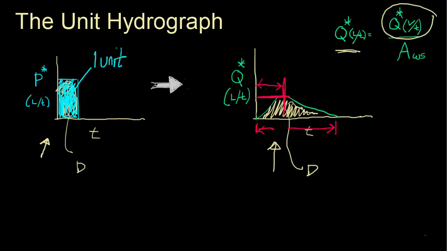And therefore, the area under the event hydrograph is going to be equal to 1 unit by definition, right? So this gives us the response of the stream to 1 unit of excess precipitation distributed over the watershed.